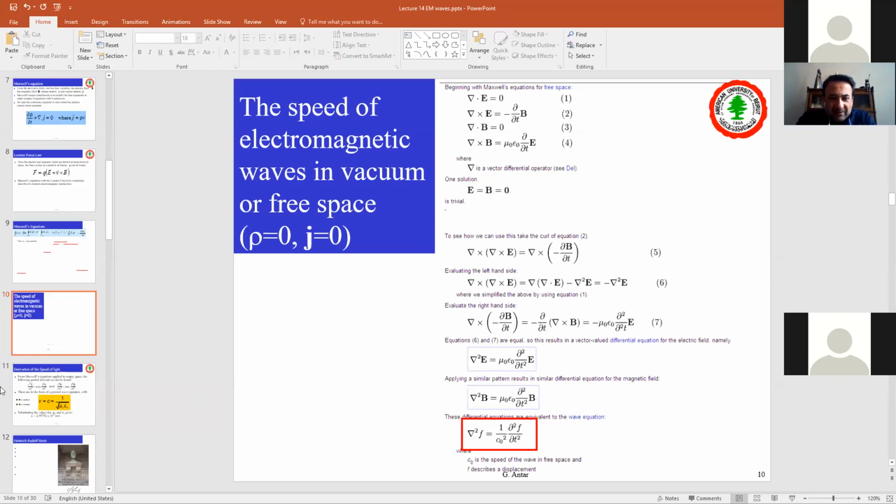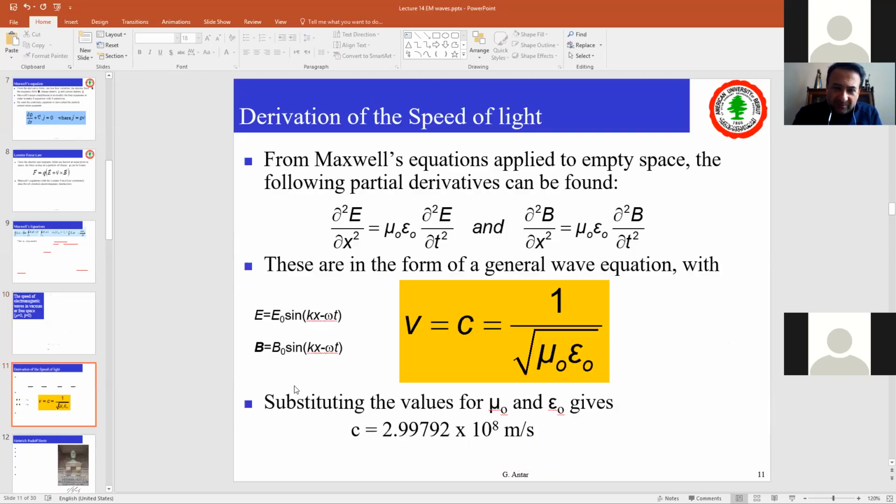Now I hope that you are a bit more convinced that these equations, Maxwell's equations, concern electromagnetic waves. So let me continue a little bit. Do you have any questions so far? Definitely, we can come back to this whole thing.